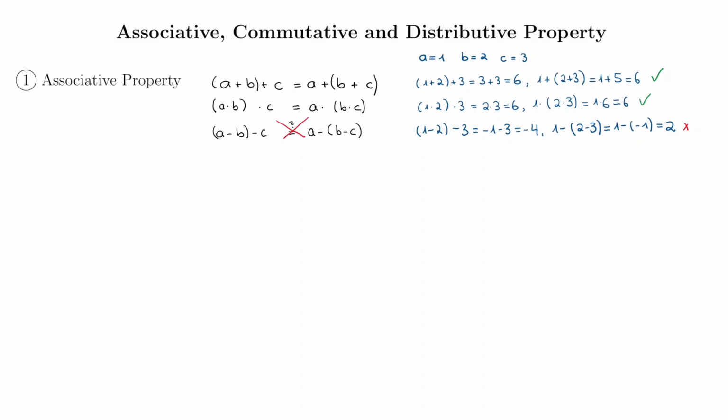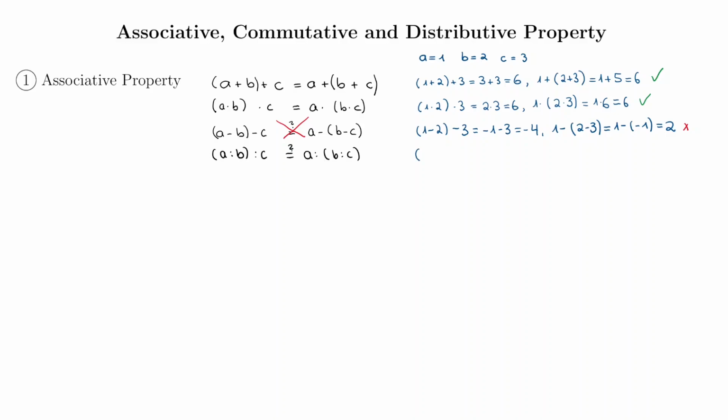What else is there? There's also division. Let's check that as well. So is A divided by B in brackets and then divided by C the same as A divided by B divided by C in brackets? And therefore I would also suggest to go directly into our example.